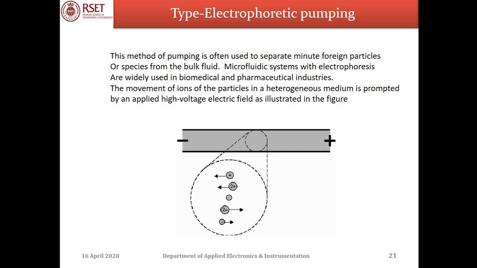Microfluidic systems with electrophoresis are widely used in biomedical and pharmaceutical industries. The movement of the ions or particles in a heterogeneous medium is prompted by an applied high electric field as illustrated in the figure.